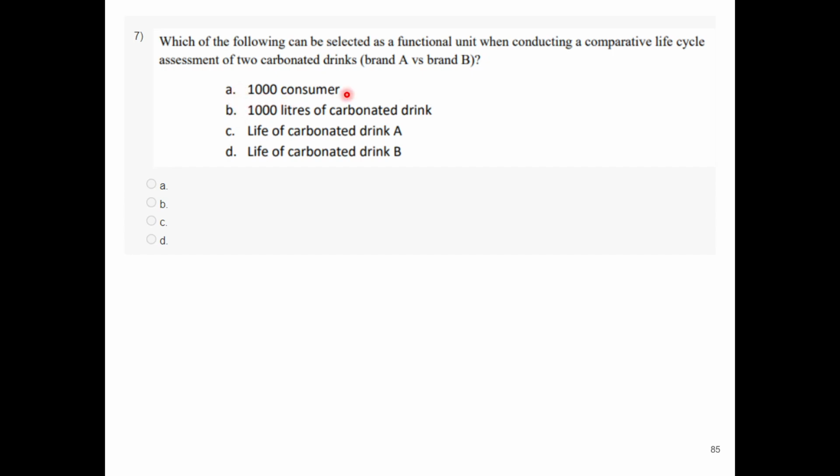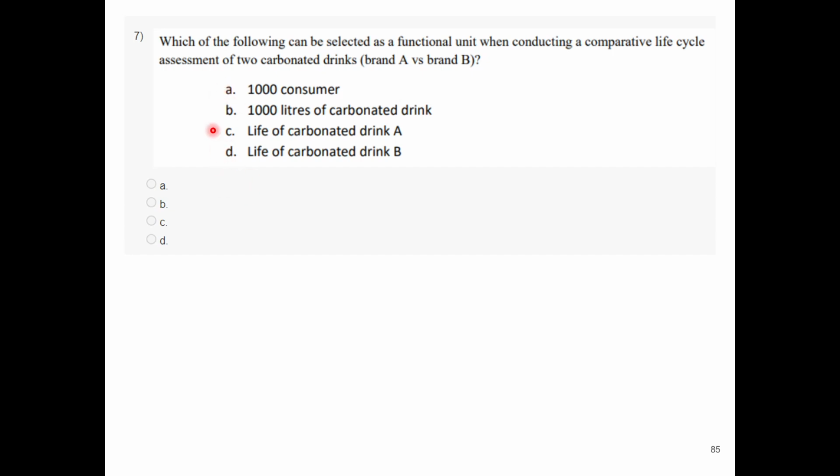And A, 1000 consumers, cannot be taken as a functional unit because it is not consistent. For example, one consumer can drink 5 liters of the carbonated drink, the second consumer 2 liters, the third consumer 10 liters. So it is not consistent, and we will not be able to compare and take it as a reference point. So A is not the correct option.